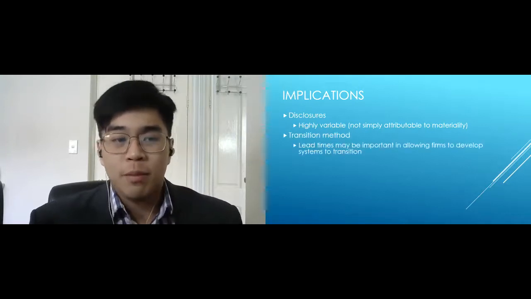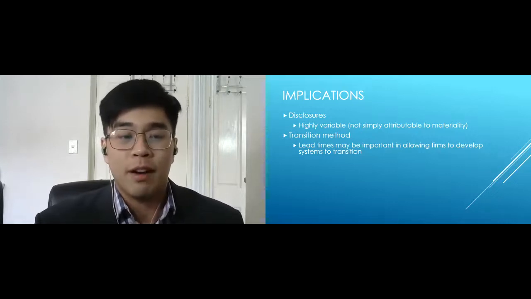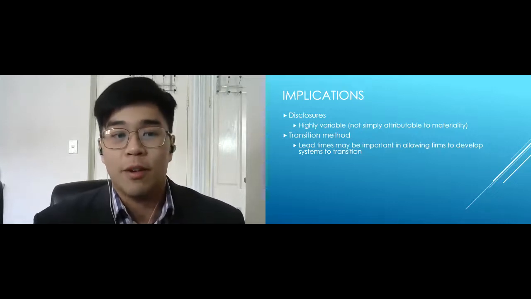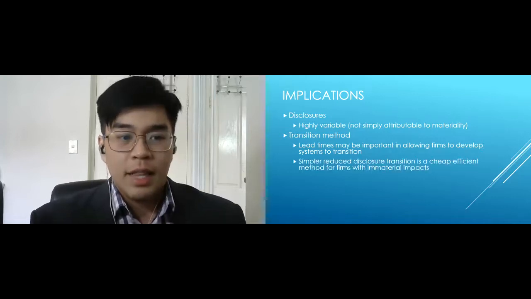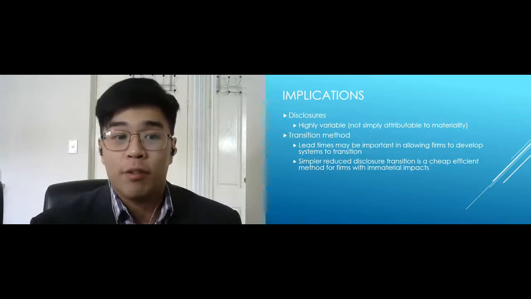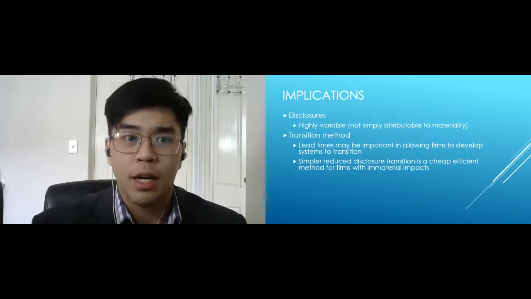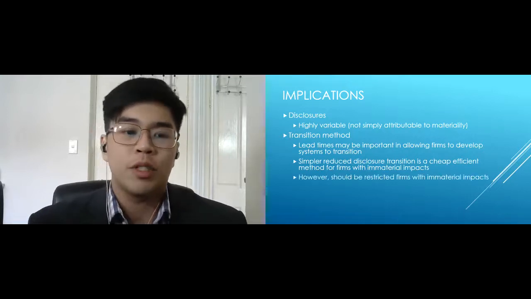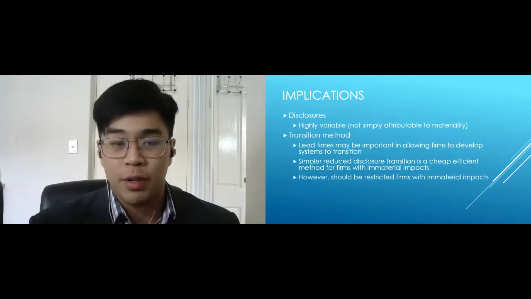With this as well, this tells us in terms of transition methods that it may be important to have lead times that allow firms to develop systems to transition, and that the simpler reduced disclosure transition would be a cheap, efficient method for firms with immaterial impacts. This, however, should be restricted to firms with immaterial impacts.